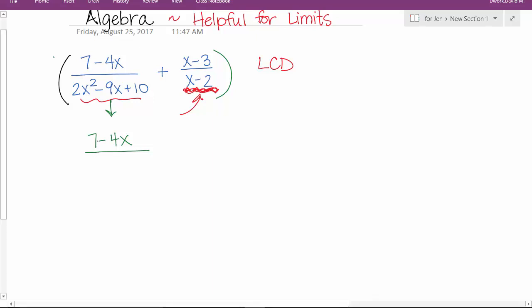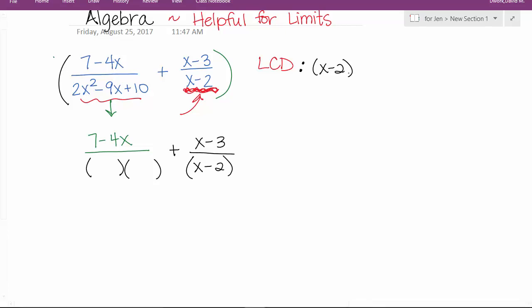That's something you'll deal with when you get to the actual calculus course. So I have the numerator 7 minus 4x, and then in my denominator I want to see if I can factor it. There should be some sort of clue into how that denominator might be factored, because if the problem was helpful, then my common denominator would match. My common denominator would have a factor of x minus 2 in it, though it doesn't have to.